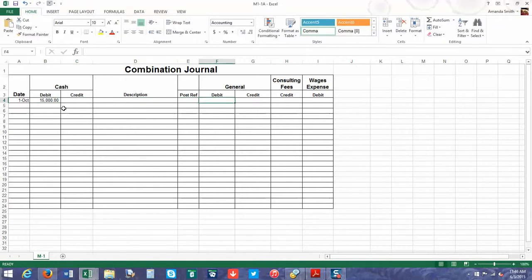And then we're also going to credit the general account, which is pretty much everything else that's not wage expense, consulting fees, or cash. So everything else, including capital, would be under general. Then we're going to put in the description, Bill Ricker, capital. And that's all you would do for the first one.